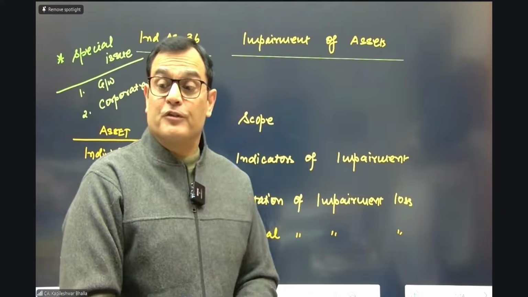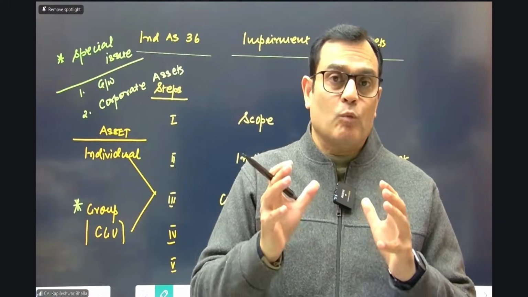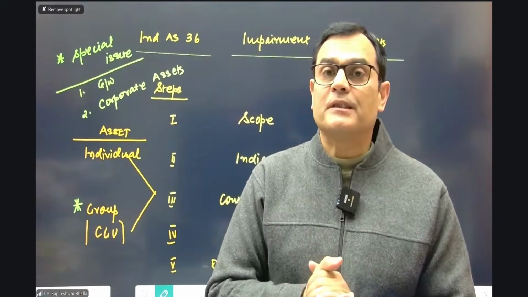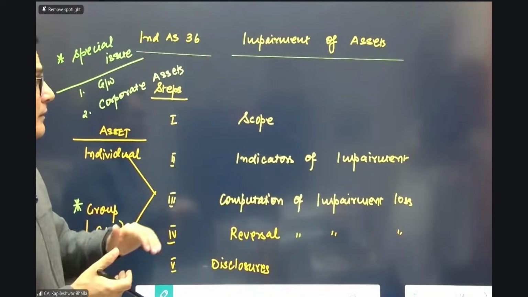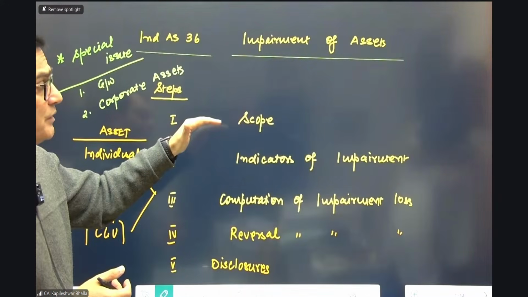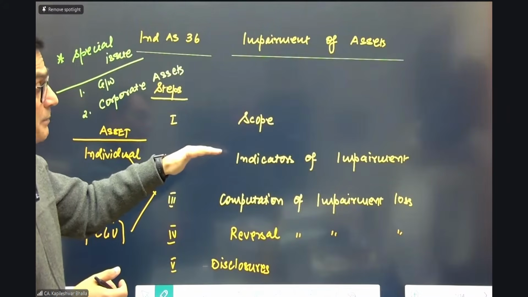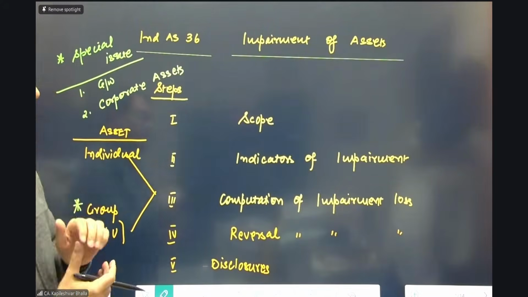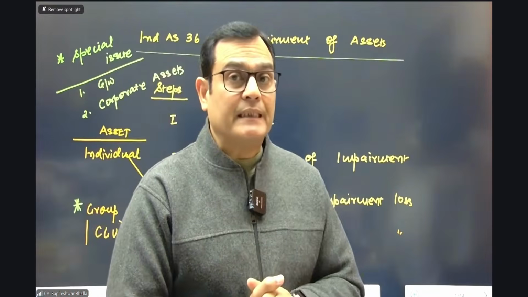So I think I've just given you, first of all, a basic foundation at the back of your mind. When you're looking at impairment under Ind AS 36, your mind should flow in this order. First of all, am I within the scope of the standard? That's 1. Are there presence of indications of impairment? That's 2, because you would technically calculate impairment when there are indications.